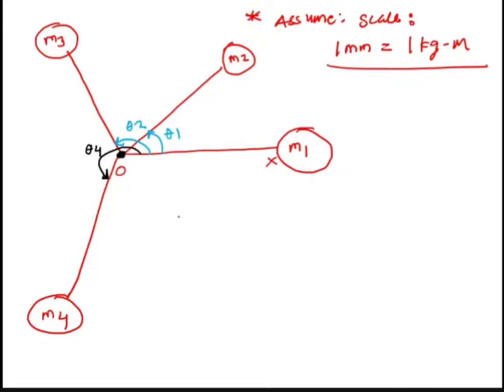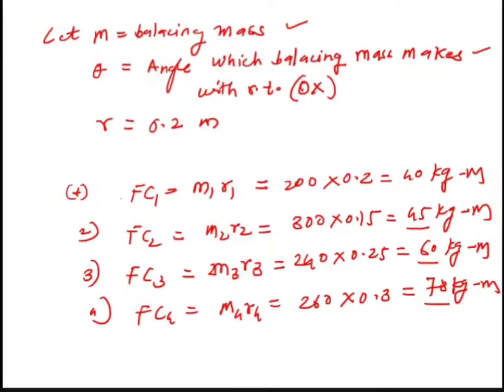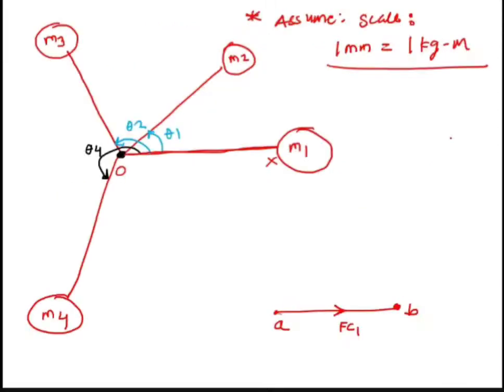Now, what is the first step? The first step is to draw a vector. First of all, I will locate this point A, and from this point A, I will draw the vector AB parallel to OM1. This vector AB, the arrow, represents Fc1. Fc1 is equal to 40 kg meter and the scale is 1 mm equal to 1 kg meter.